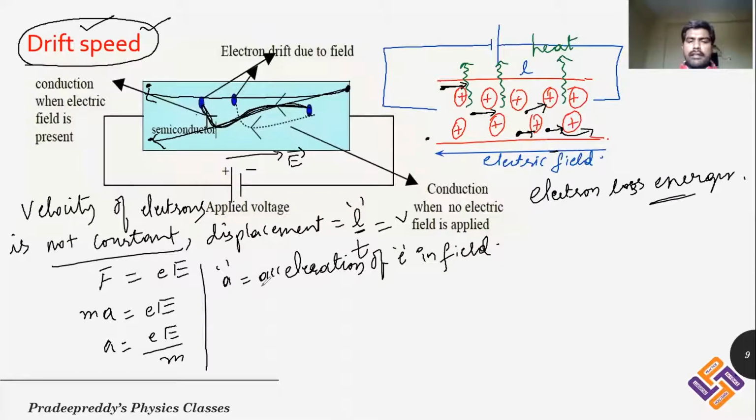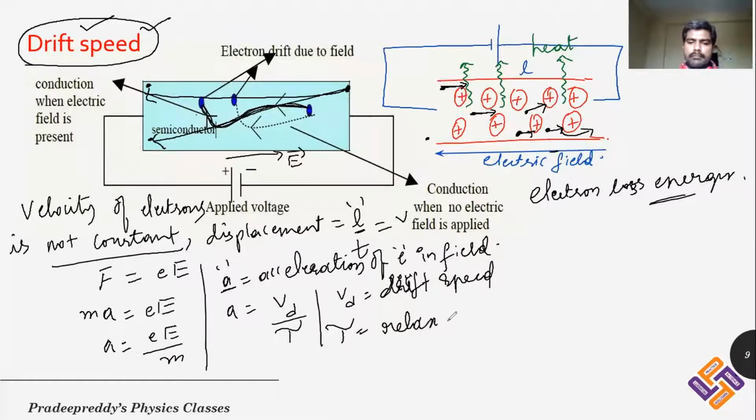So you have calculated acceleration, but how do you write acceleration? Acceleration is equal to drift speed divided by relaxation time. And this tau is relaxation time. Vd is known as drift speed, and tau is called relaxation time.